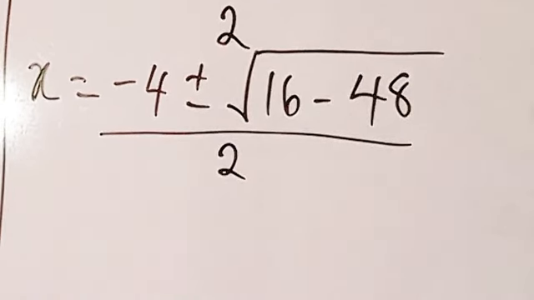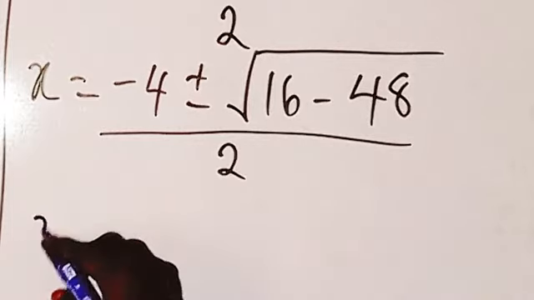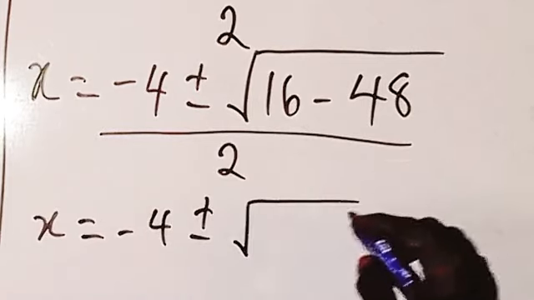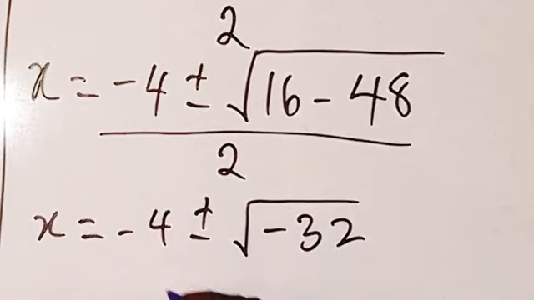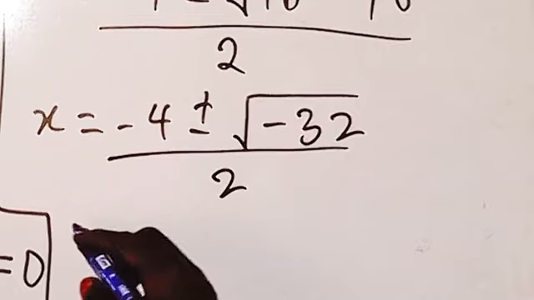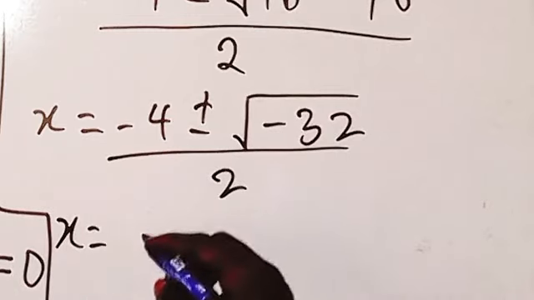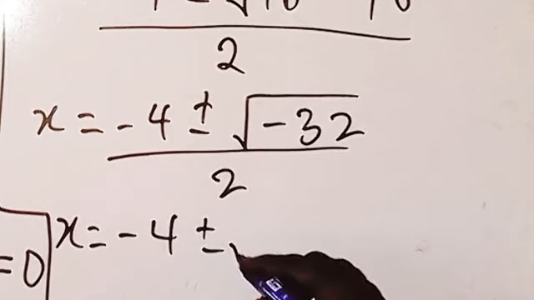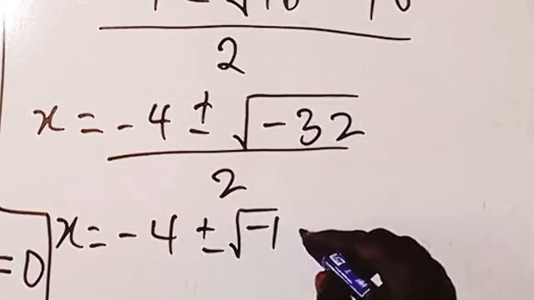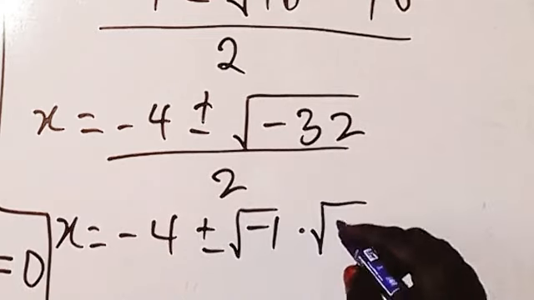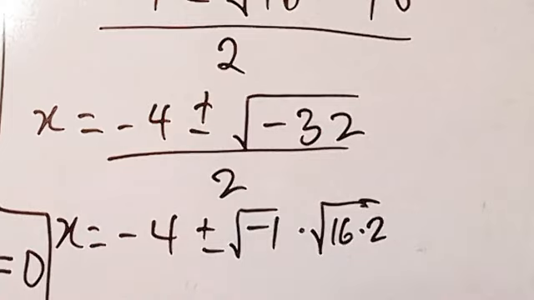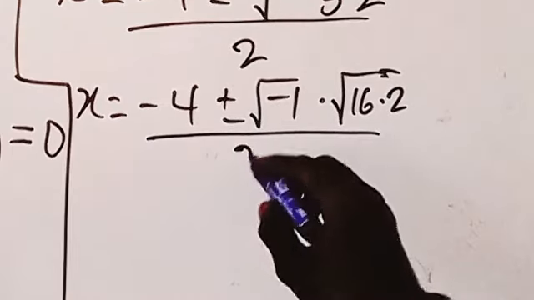So now x is going to be minus 4 plus or minus the square root of minus 32, then divided by 2. So I have x equals minus 4 plus or minus, so this can be split as the root of minus 1 multiplied by the root of 16 multiplied by 2, because 16 multiplied by 2 will give us 32, divided by 2.